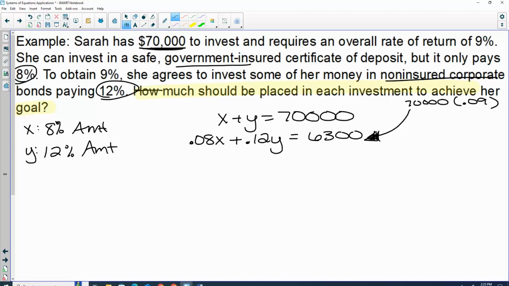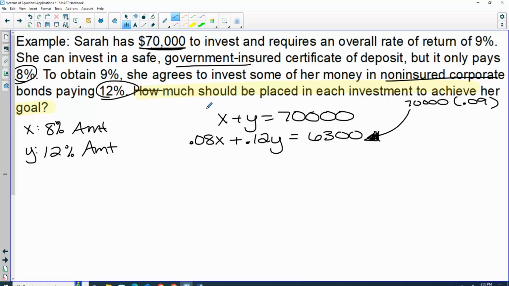All right, we've done the hard part. We find our variables, write our equations. Now it's just a matter of substitution and elimination. Which would be easier here? I would say elimination, substitution, it really doesn't matter.